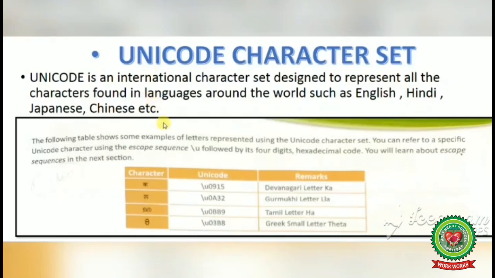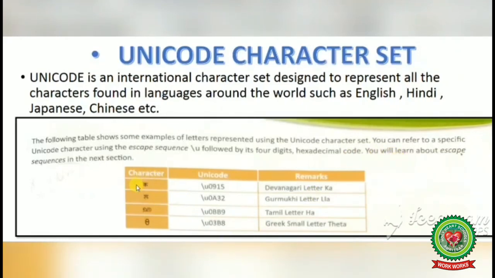The following table shows some examples of letters represented using the Unicode character set. You can refer to a specific Unicode character using the escape sequence. This slash is called backward slash and U stands for Unicode, followed by its 4 digits, that is a hexadecimal code.